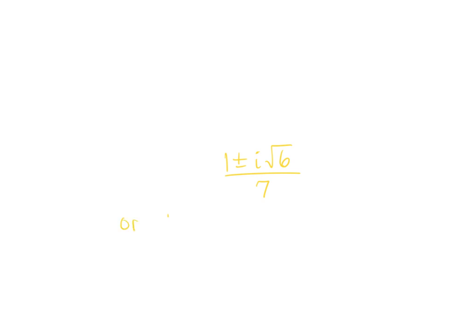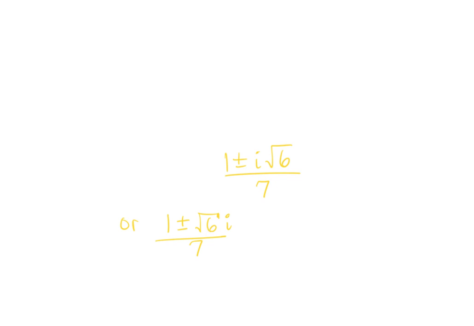You said 1 plus or minus the square root of 6 over 7, and where did you put your i? At the end. That's not the same thing, because you're only multiplying the square root of 6 times i. You can write it like this, but make sure that i does not appear like it's underneath the square root.